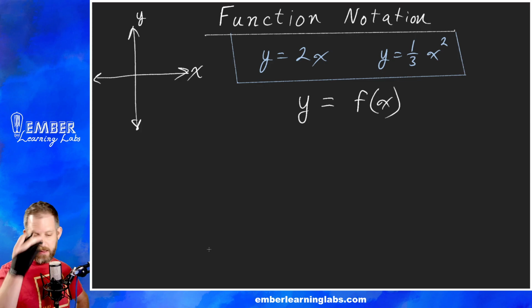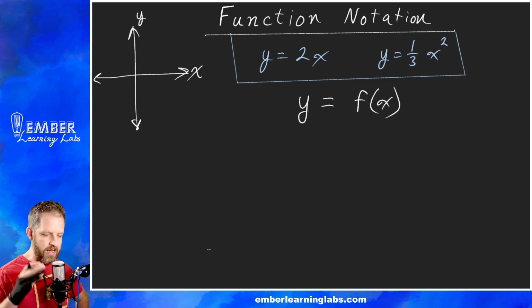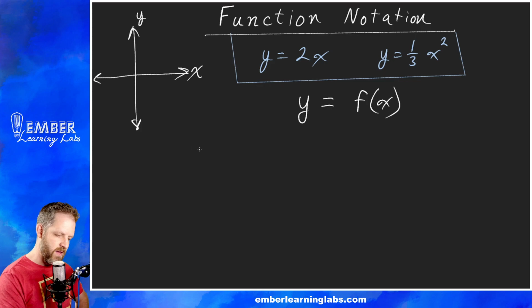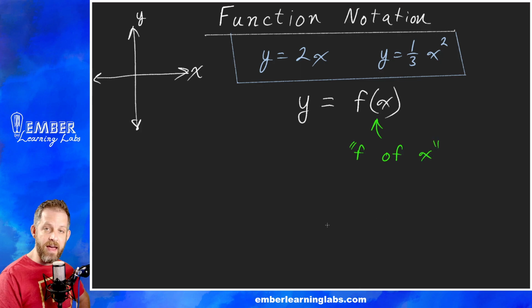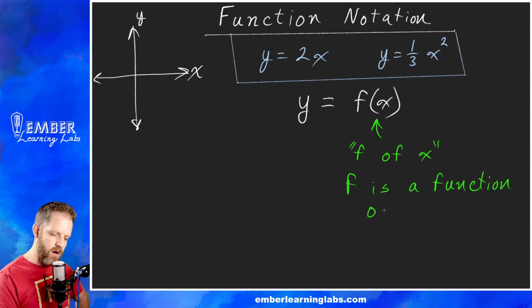Now, there's a couple of three things that I want to make sure that we say from the beginning strongly. First of all, as I just pointed out, we say this f of x. And that means that f is a function of x.